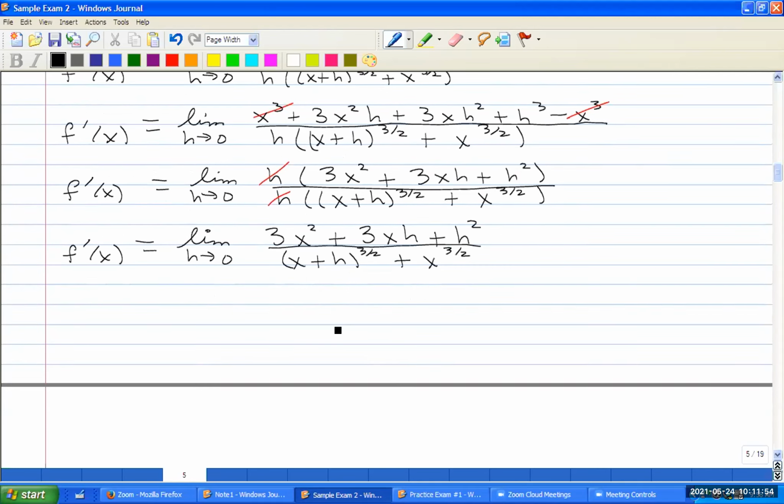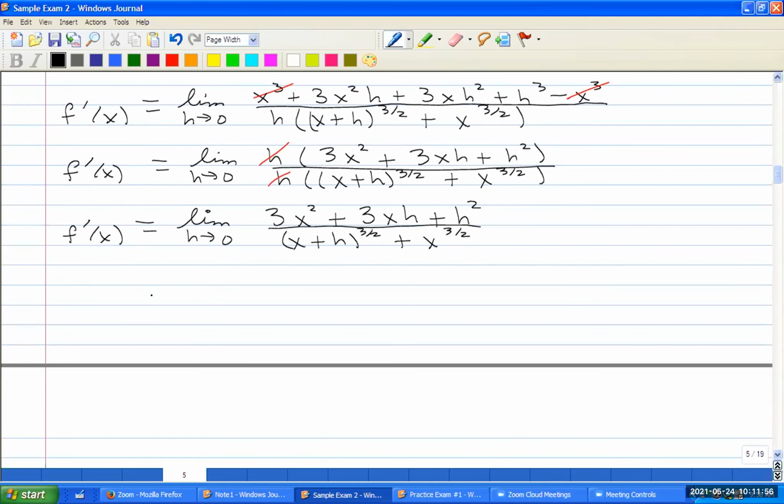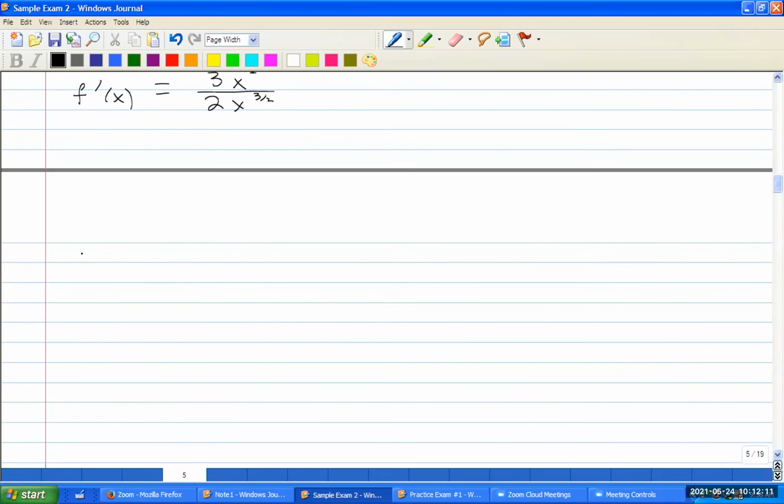And so this approaches 3x squared over 2x to the 3/2. And so f prime is just 3/2 x to the negative 1/2. And that's your derivative.